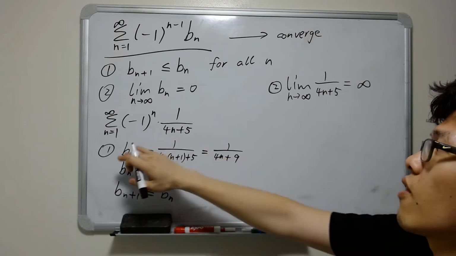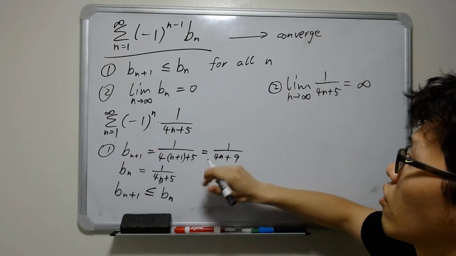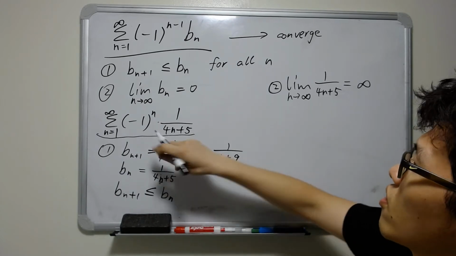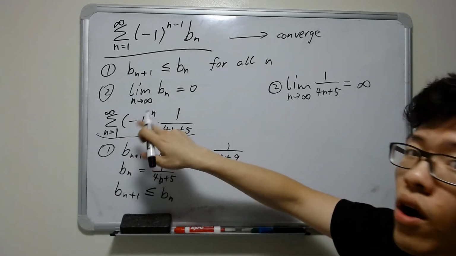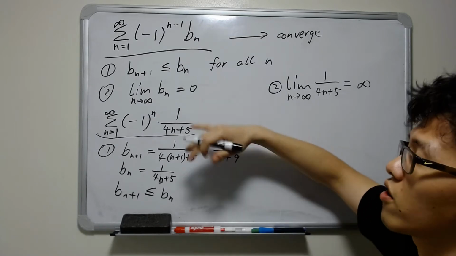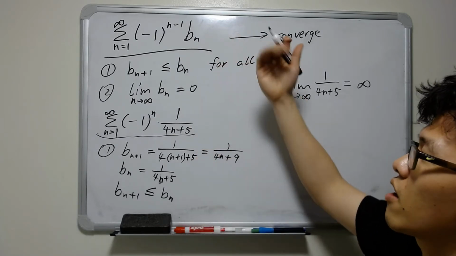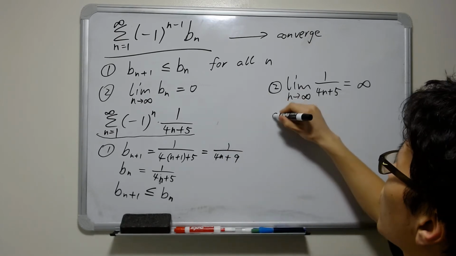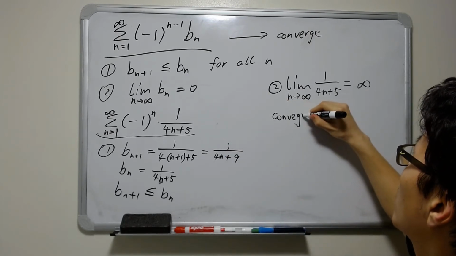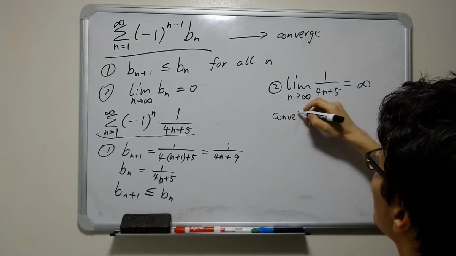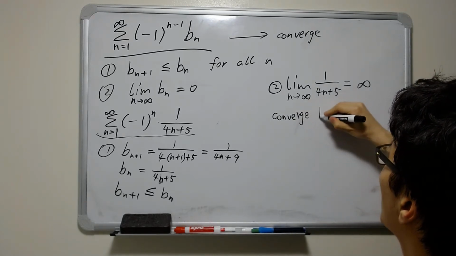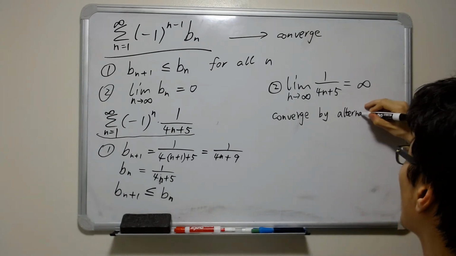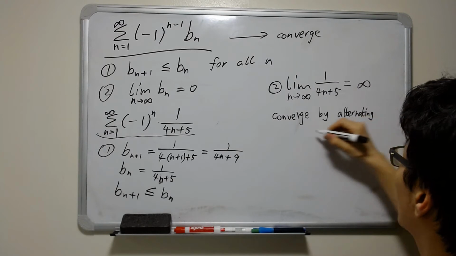So this series satisfies these two conditions, and it's an alternating series because it has a (-1)^n: positive, negative, positive, negative. So this series converges by the alternating series test.